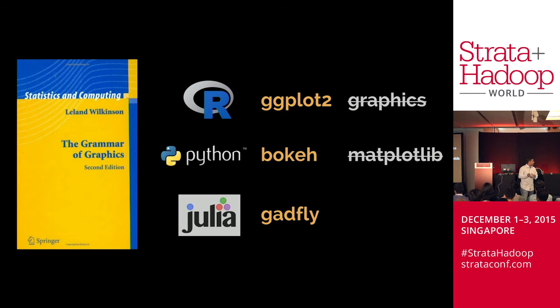And if you don't use R's graphics package, but use something like ggplot, that's based on the grammar of graphics. So is the Gadfly package in Julia. Python doesn't really have a pure grammar of graphics, but Bokeh is quite inspired by the grammar of graphics. So these packages are available in some cases, or if you use a UI tool like Tableau, you can also do a little bit of this in a much more graphical way, right?